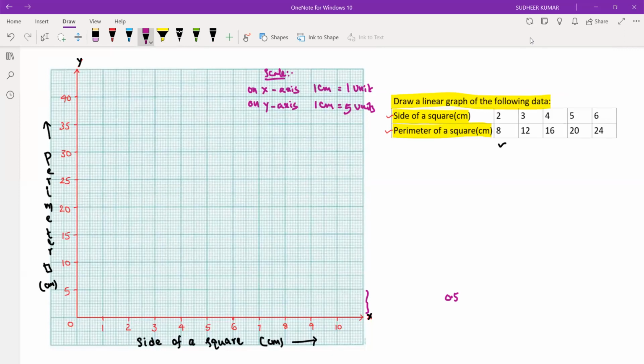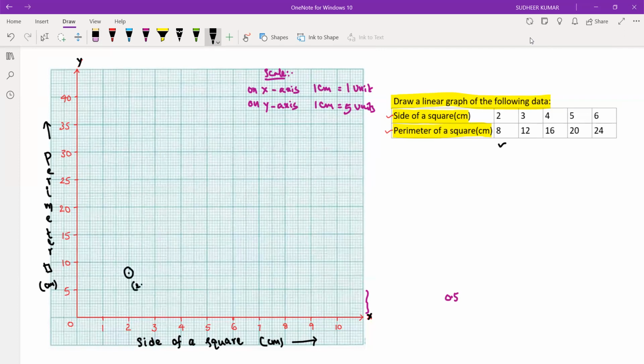Using that concept, let's take 2 comma 8, 2 on the x-axis and 8. 8 means 5, 5.5, 6, 6.5, 7, 7.5, 8. 0.5 will be increased, right? So this is 2 comma 8.